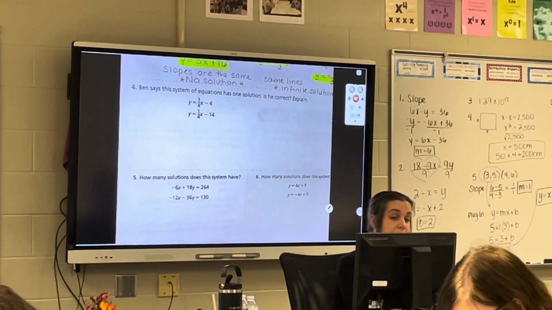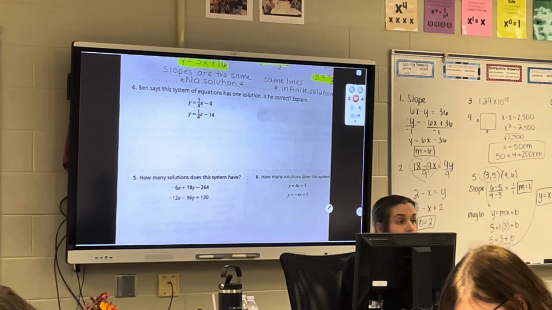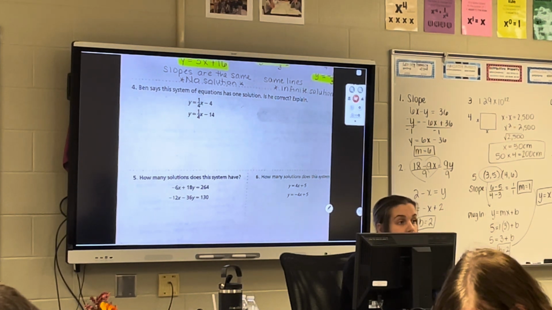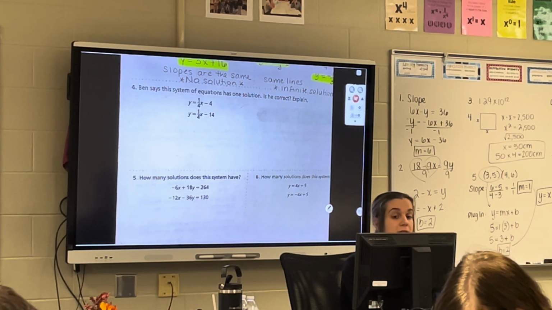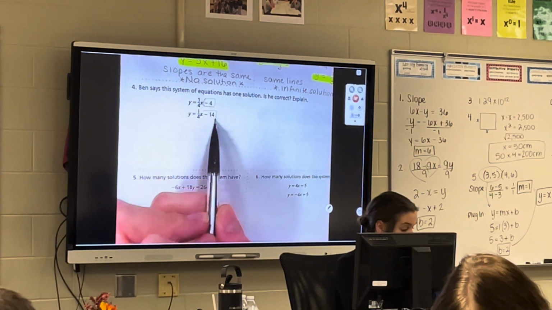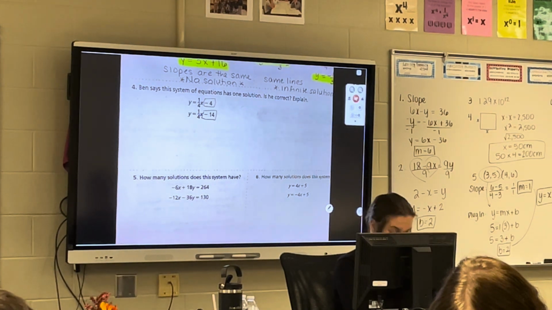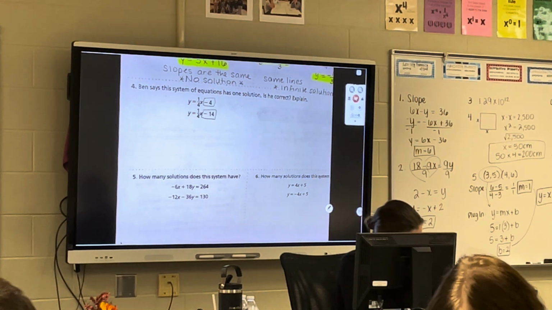So what does it mean if they have the same slope? Look up here if you need to. Well, if they have the same slope, they would also need the same intercept, which they don't have. Yes, Levi, very good. No solution. So we will say no.